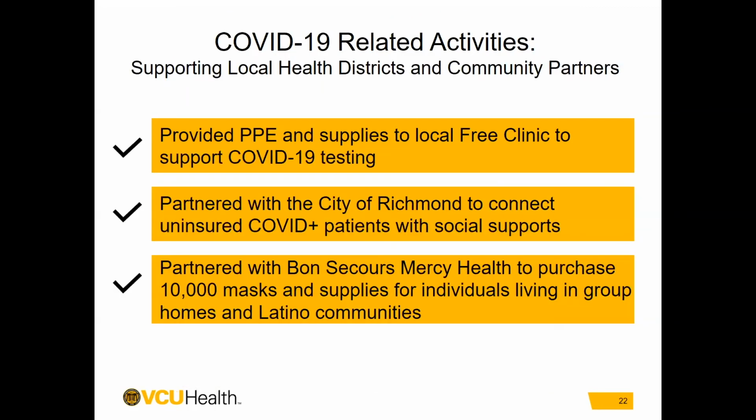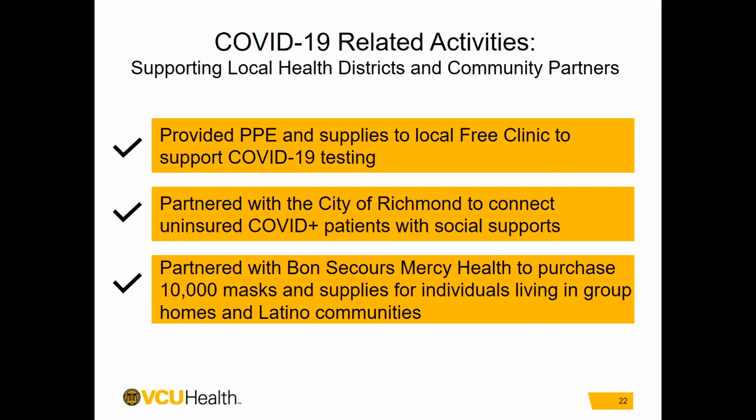The last is how we can support our local health districts or departments and community partners. We've provided personal protective equipment and supplies to one of the local free clinics that needed those things in order to roll out their COVID-19 testing capabilities. We've partnered with the City of Richmond to connect uninsured COVID-19 patients with social support, such as financial assistance and food and housing for quarantine.